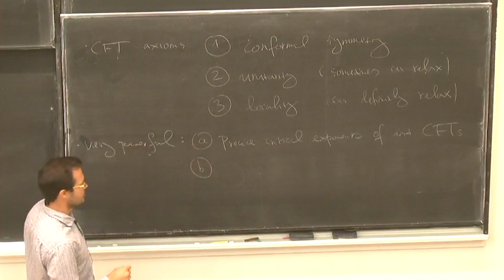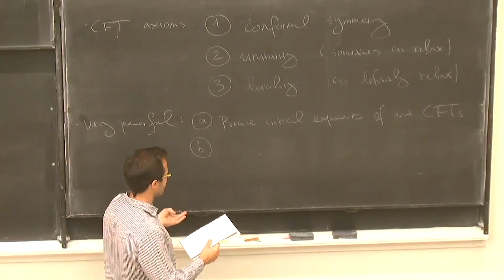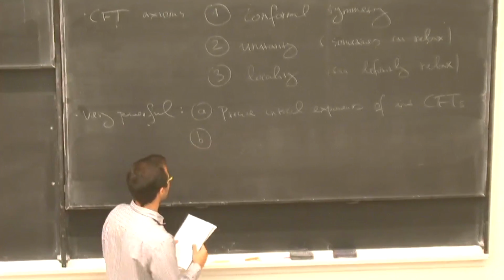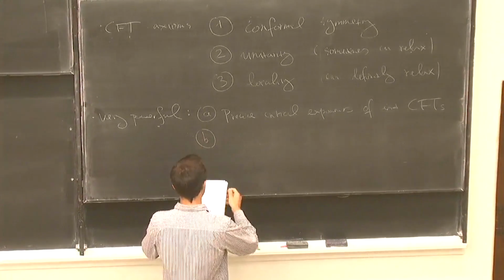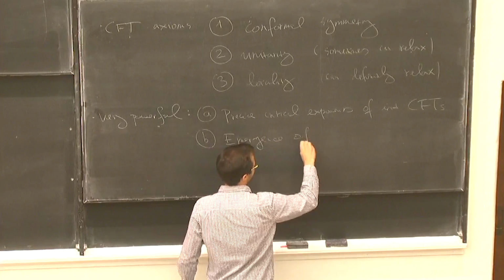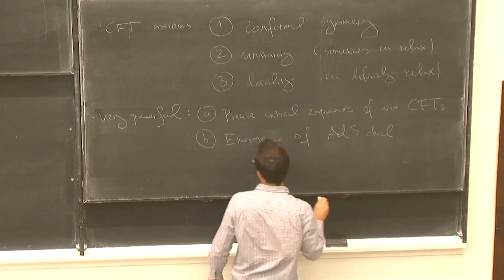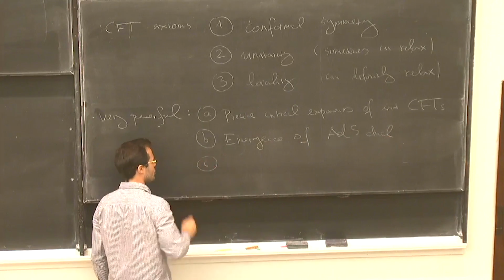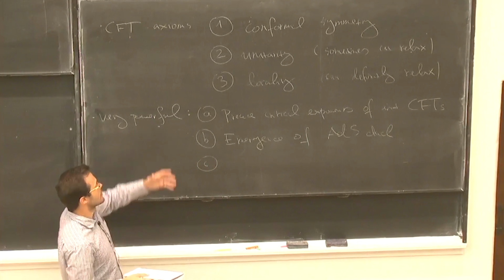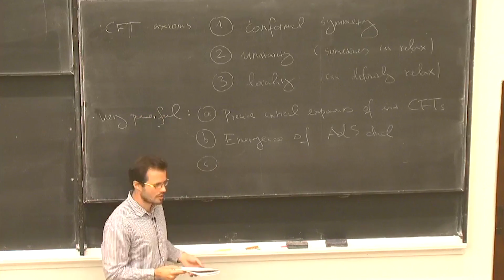Second, a great consequence of these simple axioms has been a very good understanding of how exactly the bulk of AdS/CFT emerges from the boundary theory. So let me just say emergence of the AdS dual. And finally, people have managed to derive general theorems which apply in all CFTs and which are consequences of these axioms. I think Tom Hartman is going to speak more about such theorems in his lectures.